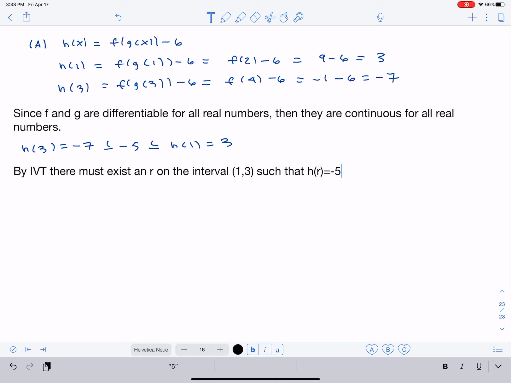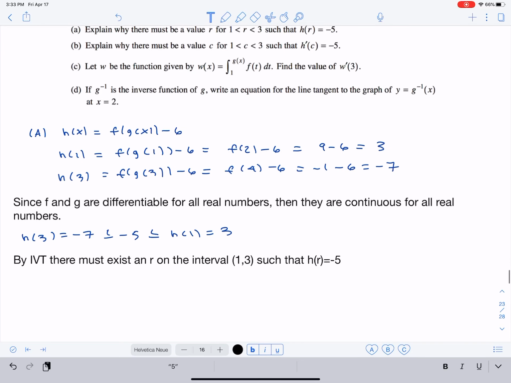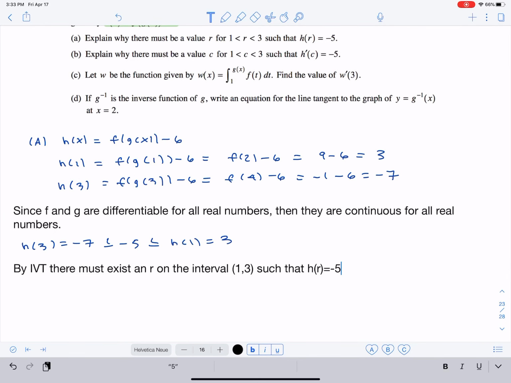So by IVT, there must be an R on the interval from 1 to 3 such that h of R equals -5. So reminder, and here's how I knew they were asking for an existence theorem.